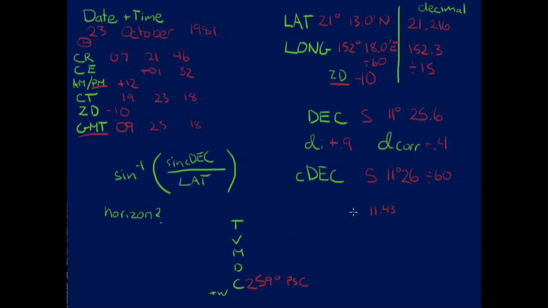So now what we're going to do is take the sine of 11.43, divide that by the cosine, sorry, I didn't write that down there, the cosine of the latitude as a decimal, which is 21.216.